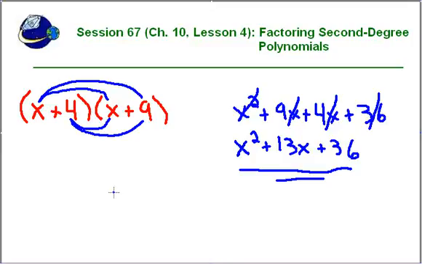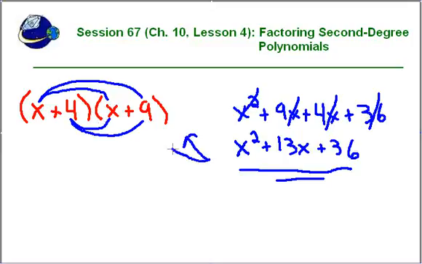And what happens with many of the factorings that you're going to see from this point forward is they are giving you a polynomial like this, and they want you to work backwards to find the factorization of this polynomial. The factorization will take you back to what we have here to start with, and in this case it was x plus 4 times x plus 9.